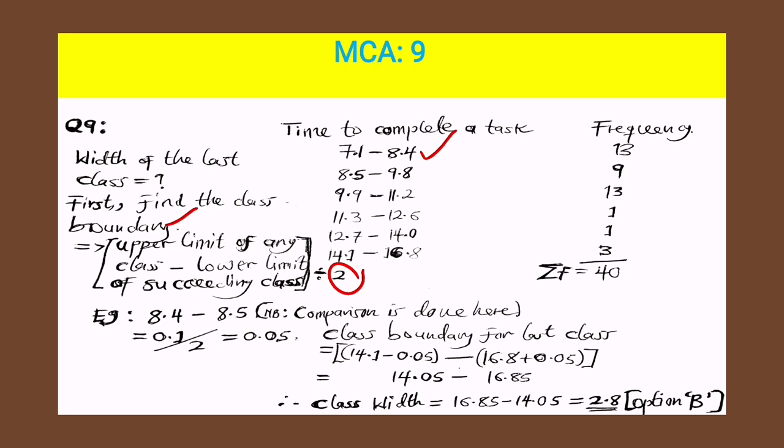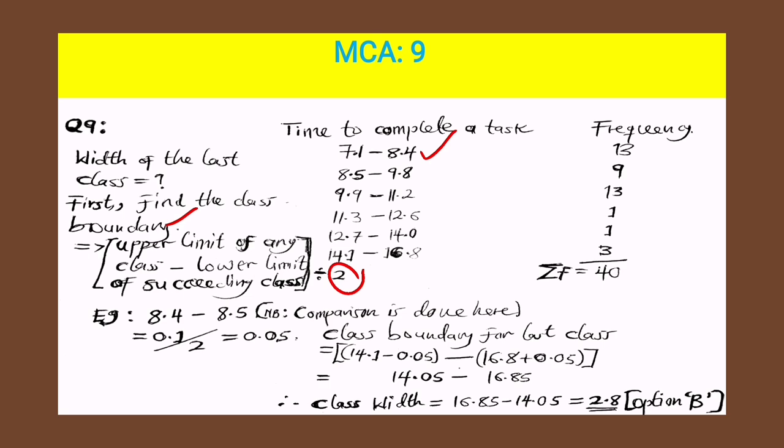When I take, for example, the third class interval, which is 9.1 and then 11.2, the upper class limit of the third class will be 11.2, and what will be the succeeding class? That's the one that comes after the class I'm talking about, which is 11.3 and then 12.6.